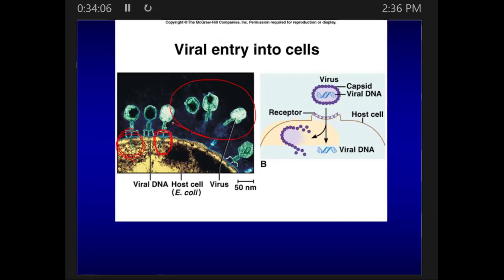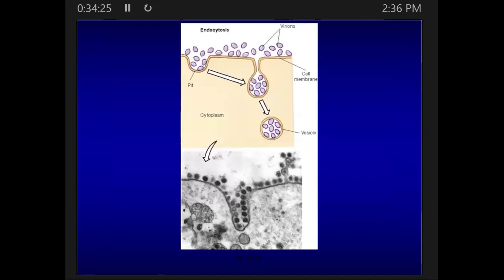Here on the right, figure B, you're seeing a little different situation where you have the docking going on, and they're trying to show that the whole thing got in, not just the nucleic acid. So the whole viral particle was taken in. Very often that happens through the endocytosis process, where the viral particles have to attach first, and then that triggers the cell.